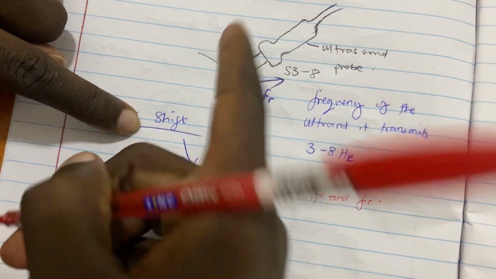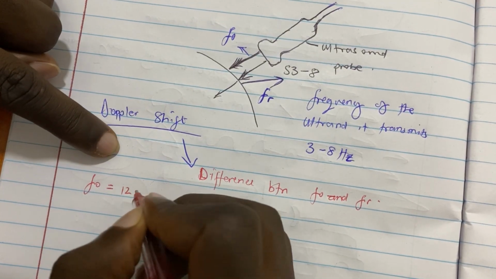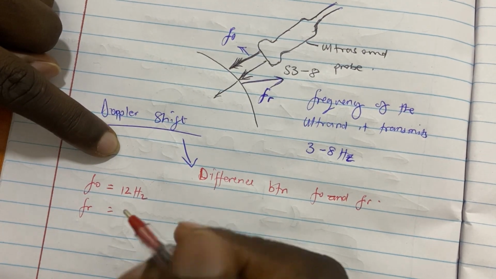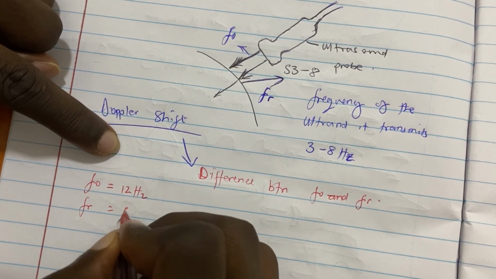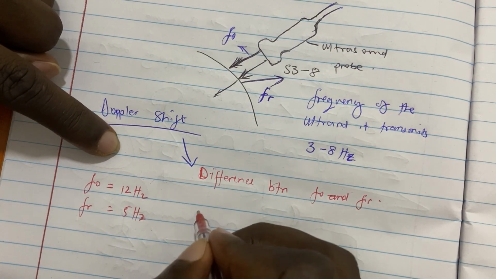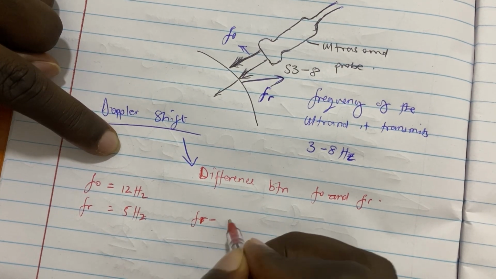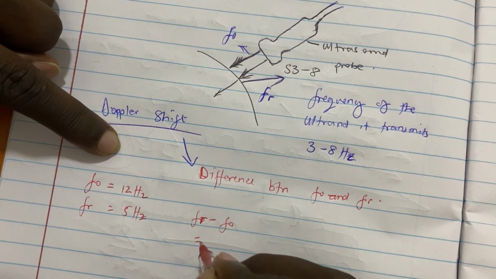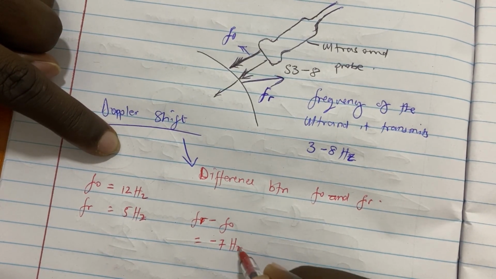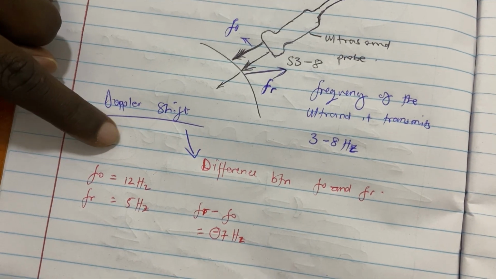For example, if you transmitted F naught of 12 Hz and you get a reflected one of 5 Hz, the Doppler shift, FR minus F naught, would be -7 Hz. The negative sign indicates direction.